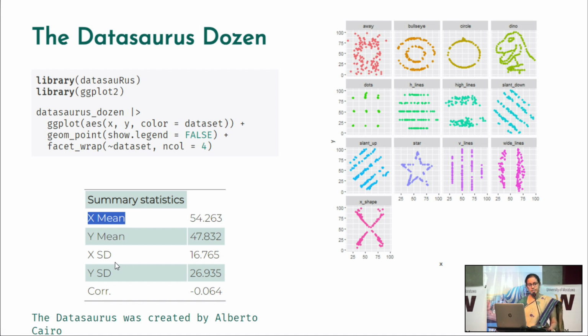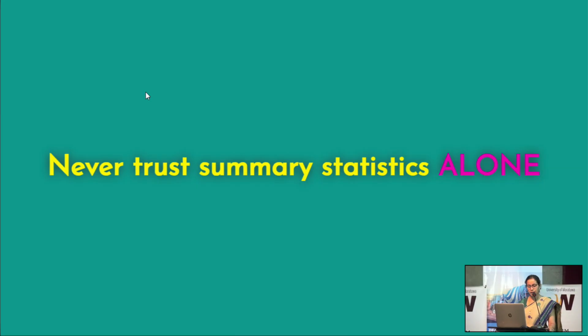So that's why I told you this is a really important data set. This is a data set introduced by Alberto, this researcher. This data set carries a very important message. It basically says, never trust summary statistics alone. Whenever you do research, you always get data.